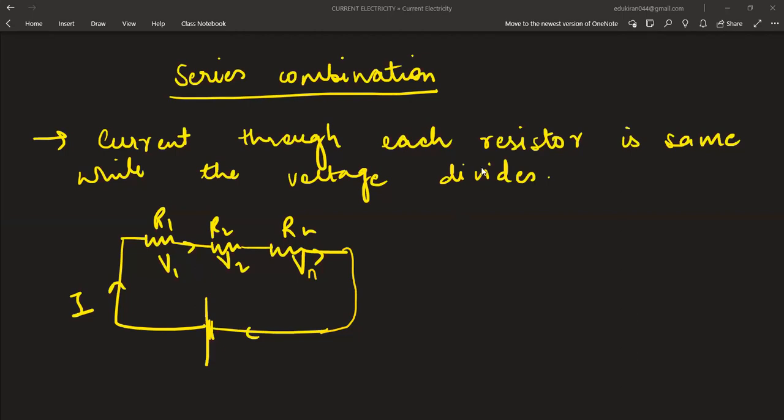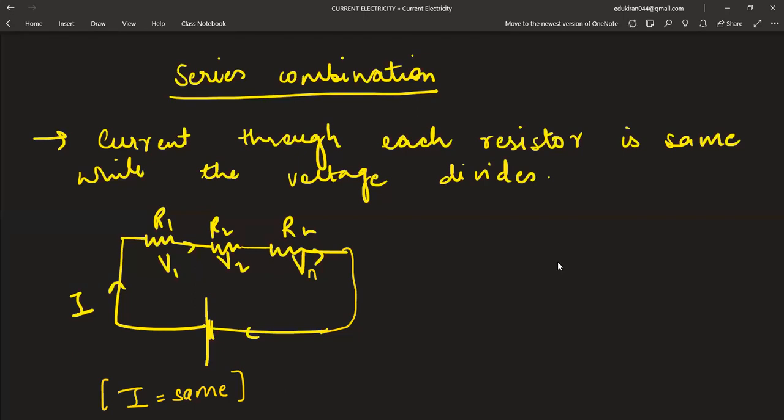Here in the series, the current is going to remain the same. If you see the current is remaining the same in all the devices, then your current is indicating the fact that it's a series combination of all the resistors. And if the voltages are the same, then it indicates that it's a parallel combination of the resistors.